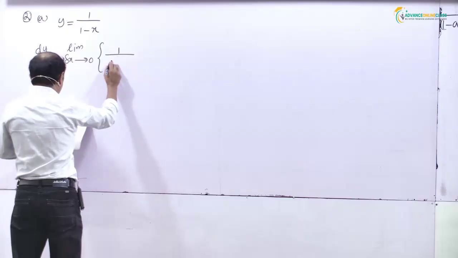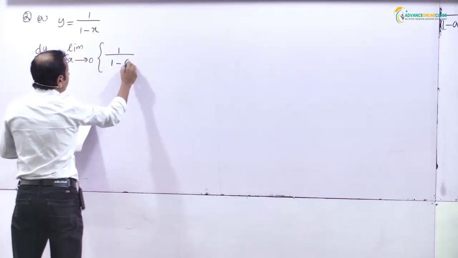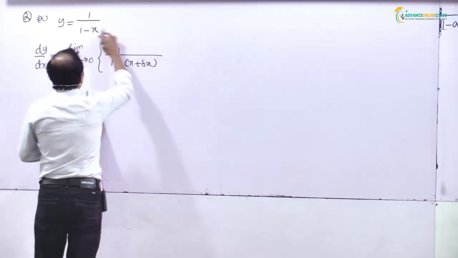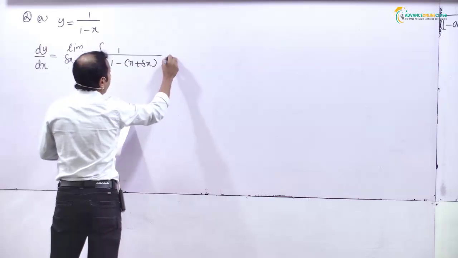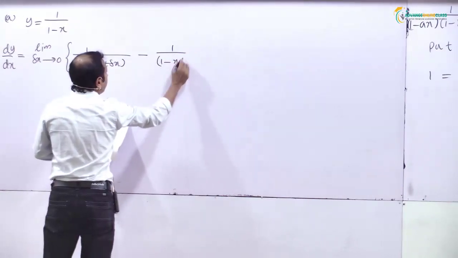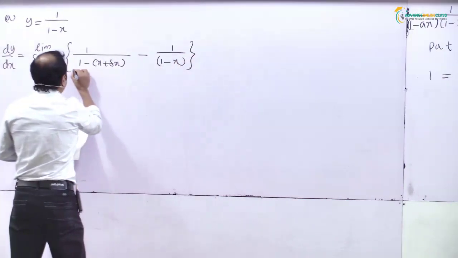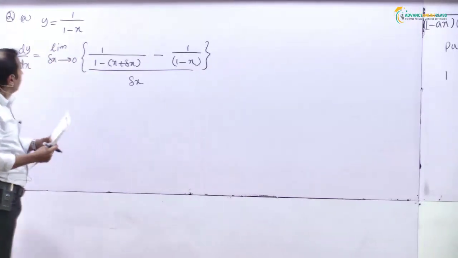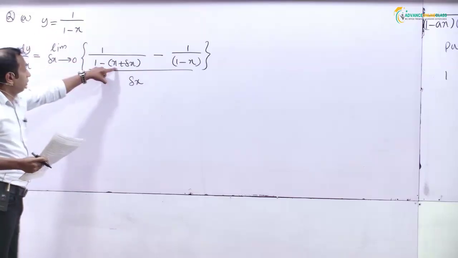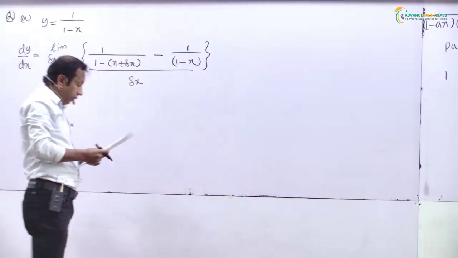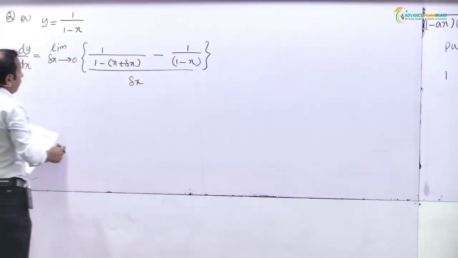Right? 1 minus, every x we replace by x plus delta x. And thereafter, the same function we have to subtract this way. And that should be divided by delta x. Correct, no? The right hand side x replaced by x plus delta x, and minus the same right hand side.